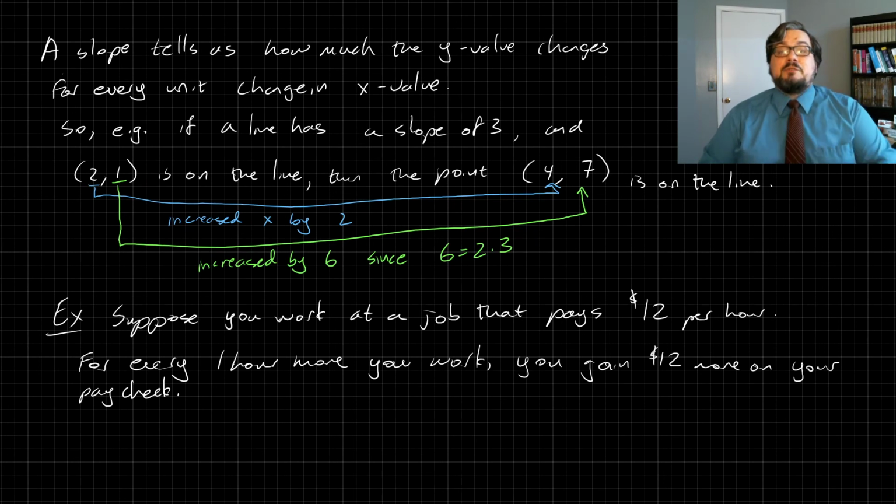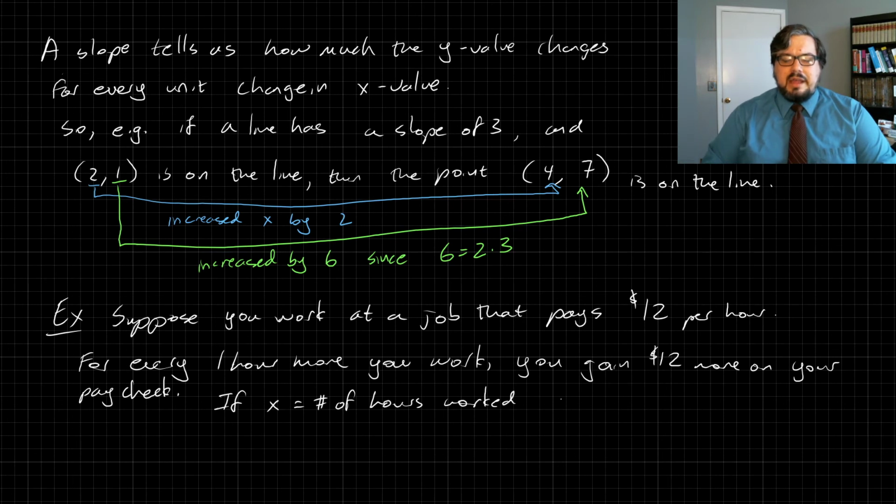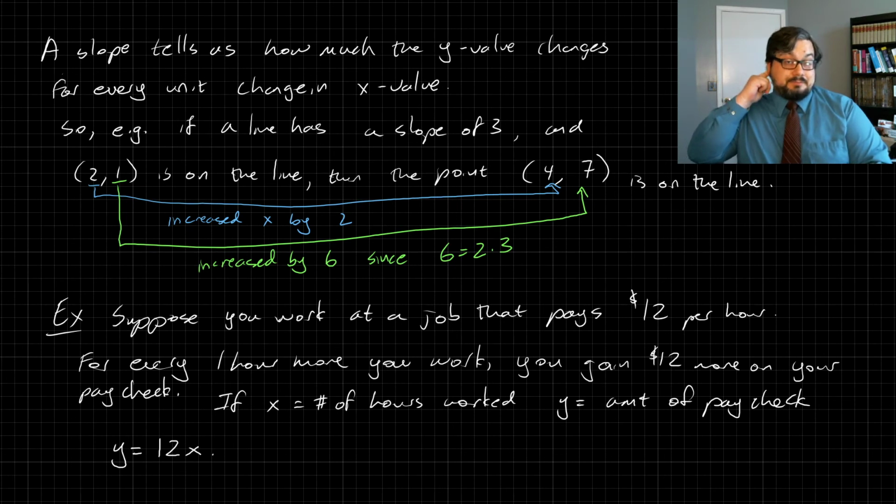So in fact, we could even write down what this function is. In this very simple example, if x is the number of hours you worked, and y is the amount of your paycheck, then the relationship between them is very simple. It's just y equals 12x.